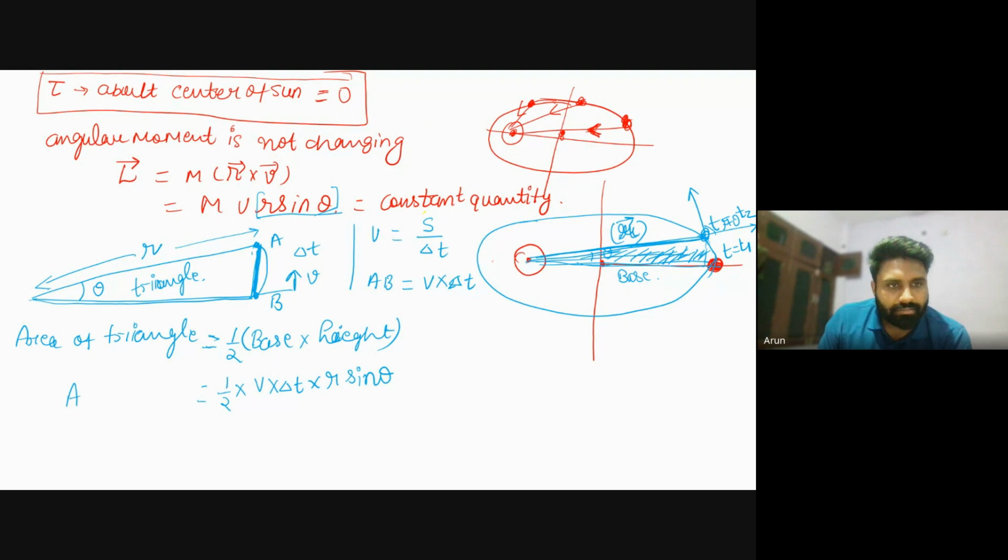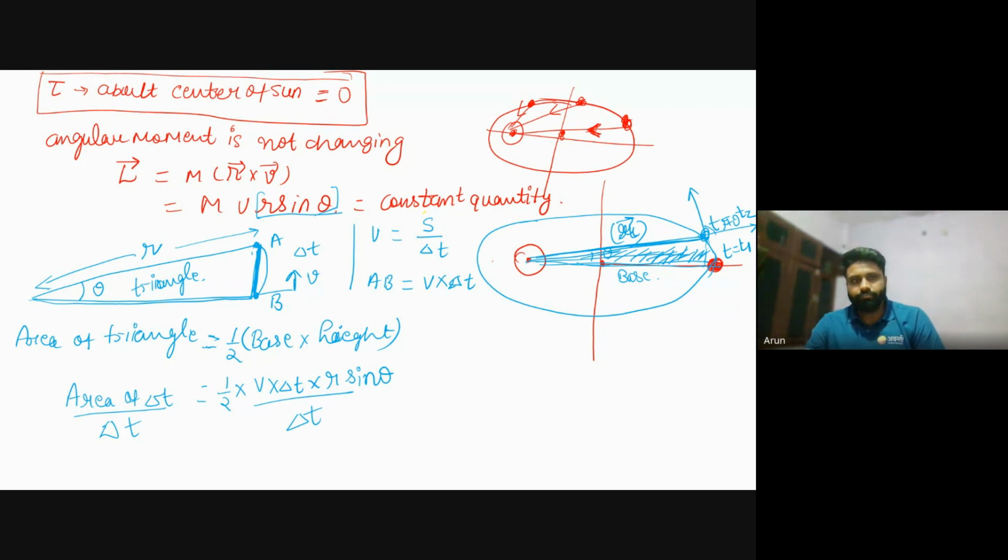Area of triangle. If you take the change of this area of triangle per unit time, okay, if you take this and multiply this m by m, so what you will have?